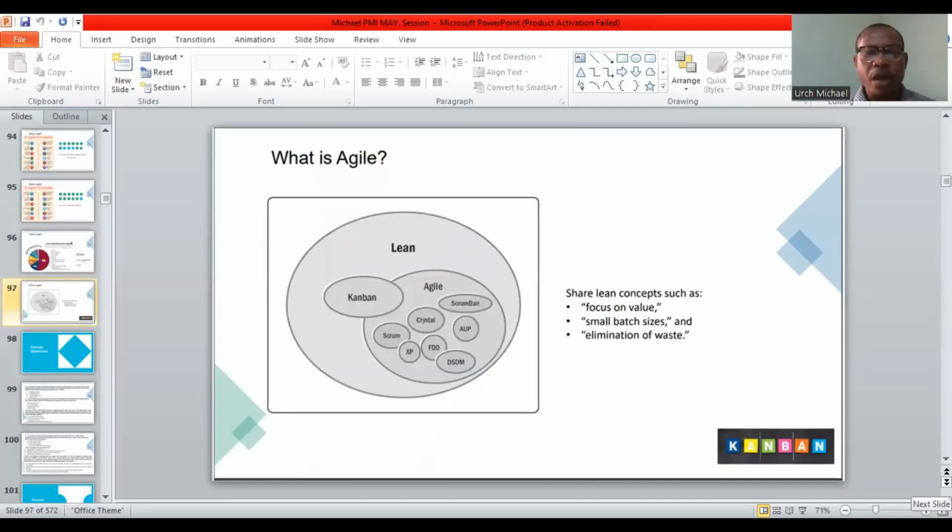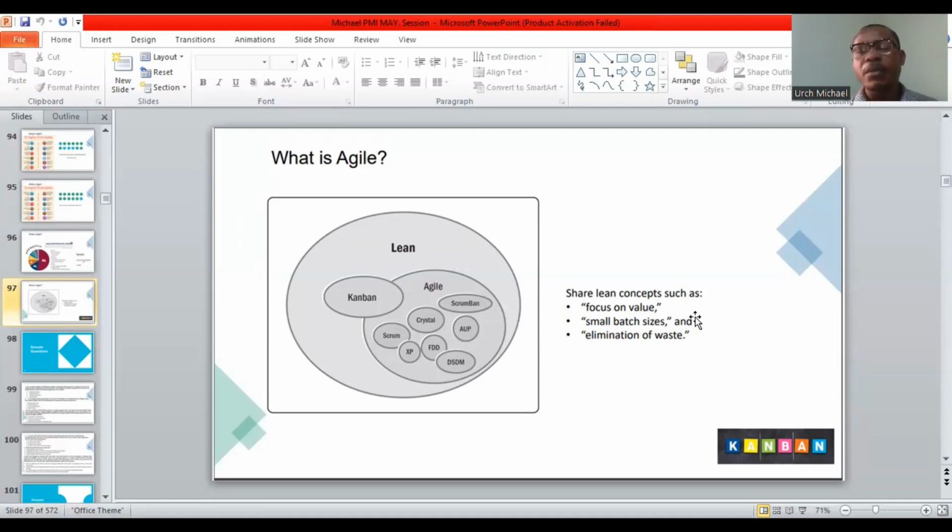Now, the basic methodologies you need to pay close attention to are: the Lean, the Kanban, the Agile, the Scrumban, Crystal, Scrum, XP, FDD, that's Feature Driven Development, DSDM, and AUP. These are the methodologies we need to pay attention to. Lean shares concepts such as focus on value.